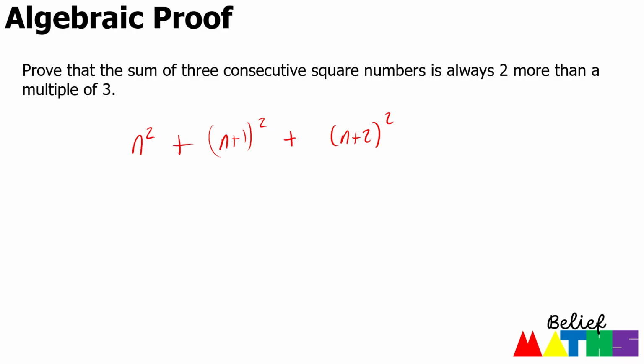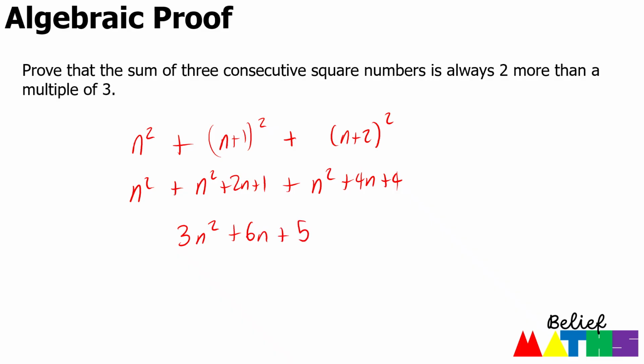So let's do that manipulation. N squared plus, expanding our brackets, we get n squared plus 2n plus 1. And then if we expand our second brackets, we get n squared plus 4n plus 4. Tidying this up then by collecting like terms, we get 3n squared plus 6n plus 5.